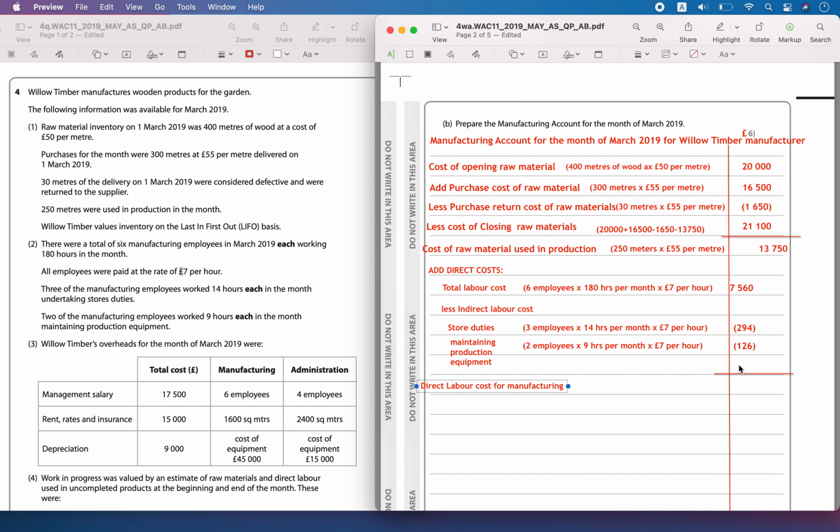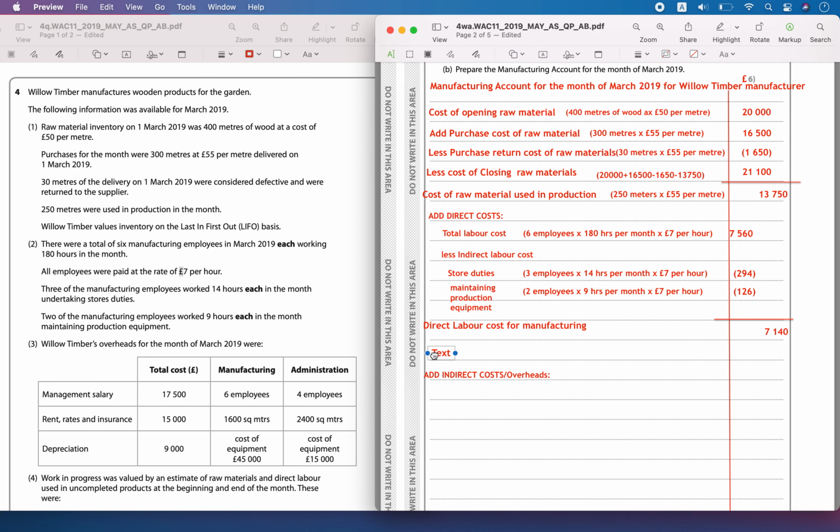Let's find out what is the direct labor cost used in manufacturing. That is going to be 7560 minus 294 minus 126, it is 7140.